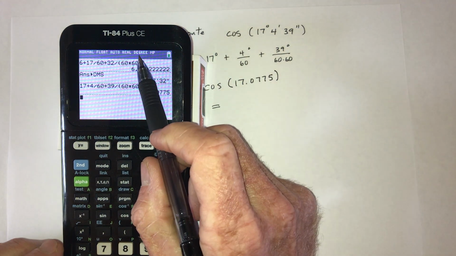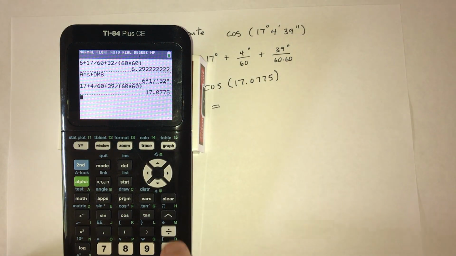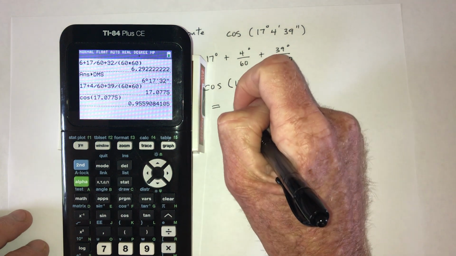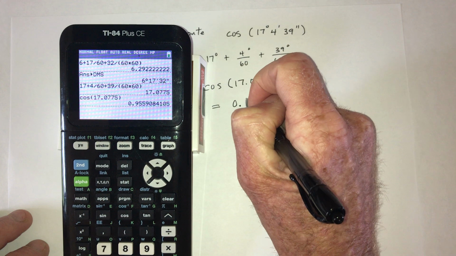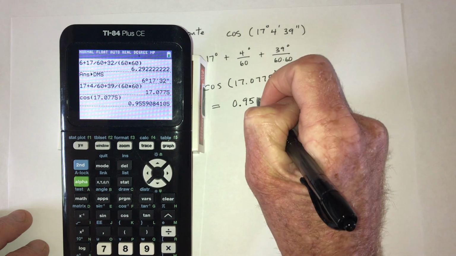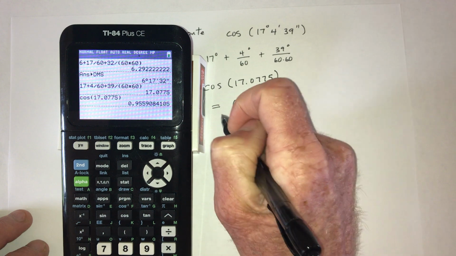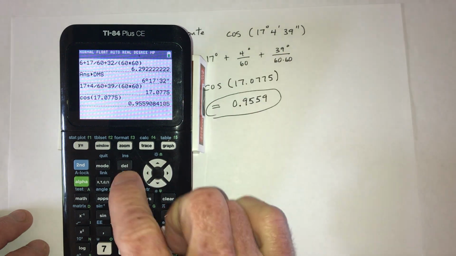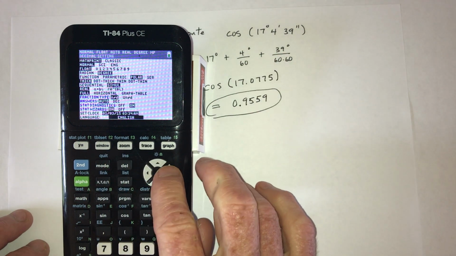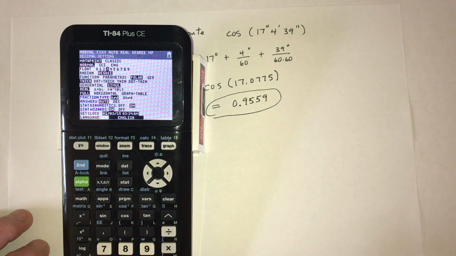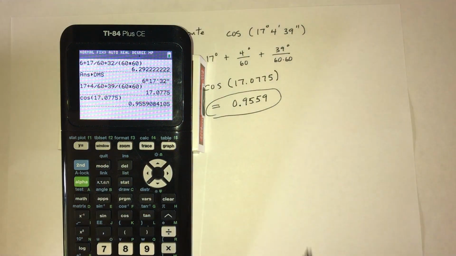So right now my calculator's in degrees. That's good. And then find out what is cosine of 17.0775. So it's 0.9559, and that's enough decimals. Actually, I prefer to work with 3 decimals, so from now on, I'm going to use 3 decimals.